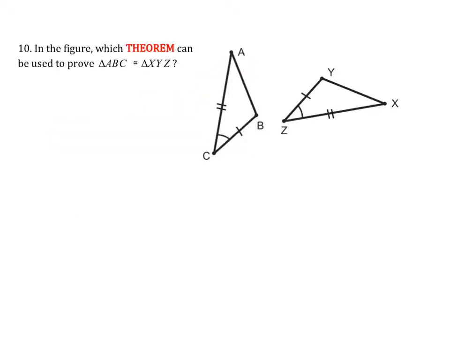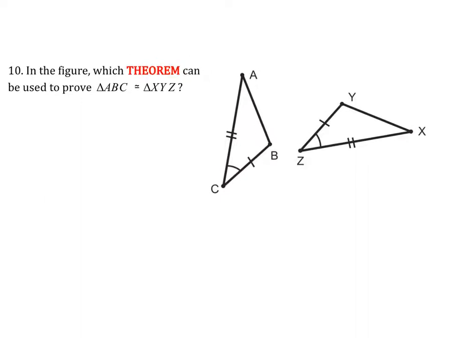All right, we got two more. So this says, in the figure, which theorem can be used to prove that triangle ABC is congruent to triangle XYZ? So here we're going to revisit our triangle congruence theorems.